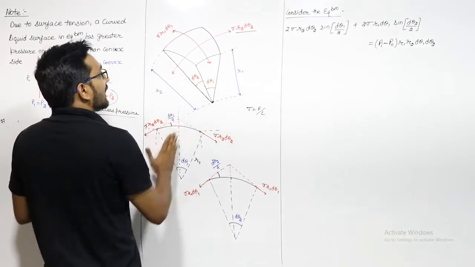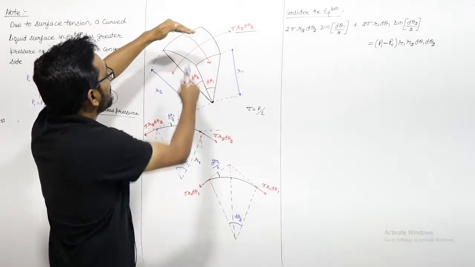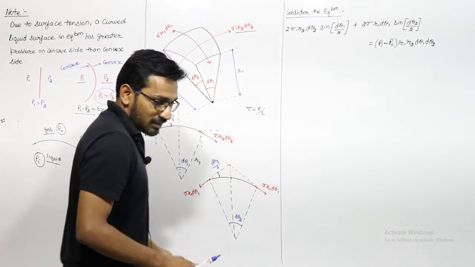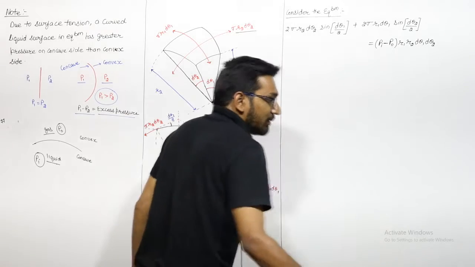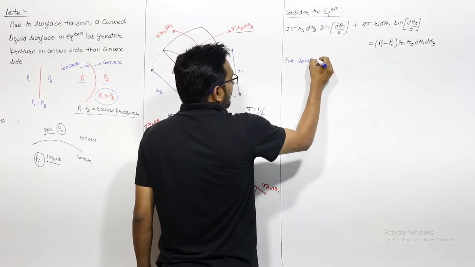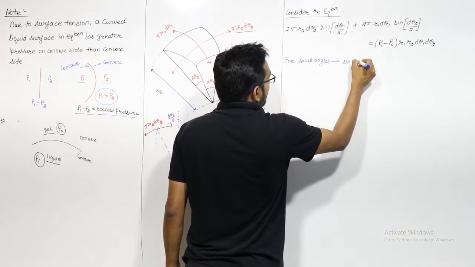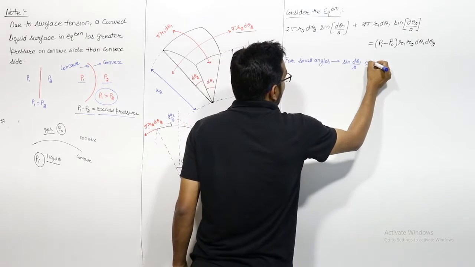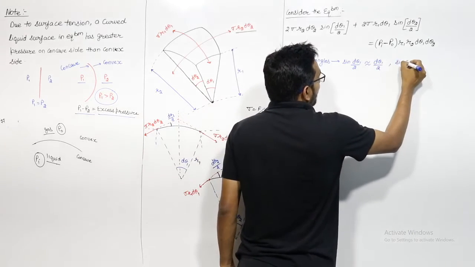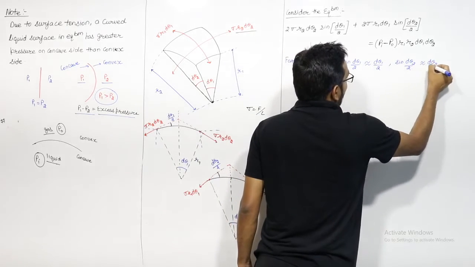We are taking all the forces in this perpendicular direction to the surface. So this will be the equation. For small angles, sine of d theta 1 by 2 is equivalent to d theta 1 by 2, and sine of d theta 2 by 2 can be written as d theta 2 by 2.